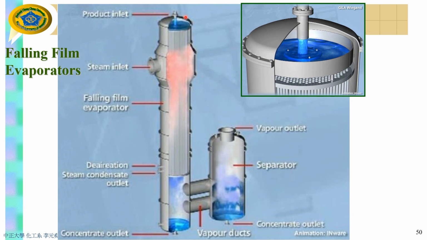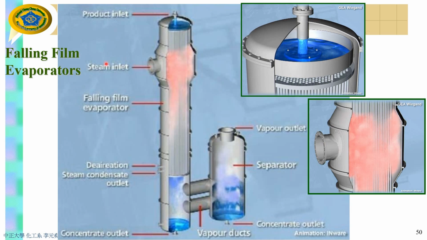You pour the liquids on the top, and there are small pipes from the top to the bottom. For example, you have 100 small pipes. The liquid will drop into these small pipes, and surrounding these small pipes is a steam heater. You use steam to heat the pipes.